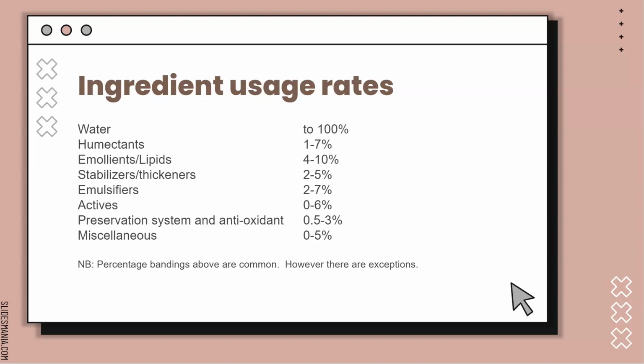Okay, so humectants are usually used around 1 to 7%. You usually find these at 2%, but as you go up, they have a tendency to become sticky, like glycerin, and that's why you opt to use other humectants or a combination, so that you'd get more hydration but less tackiness or stickiness.